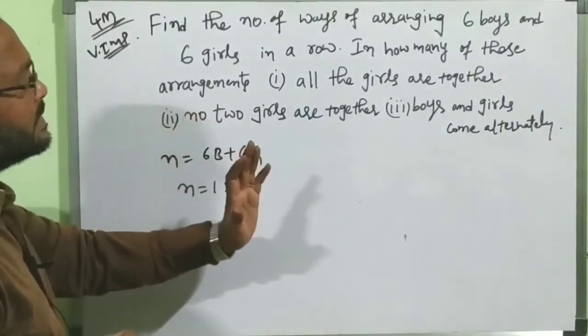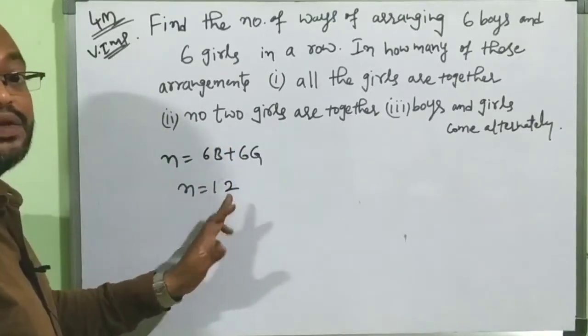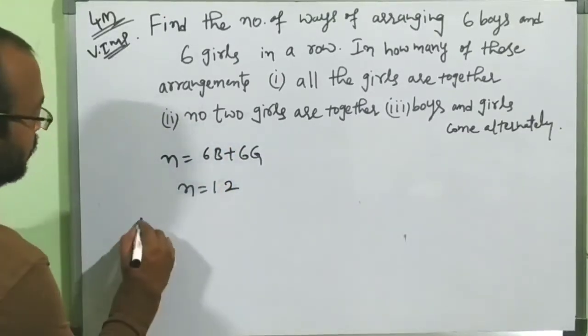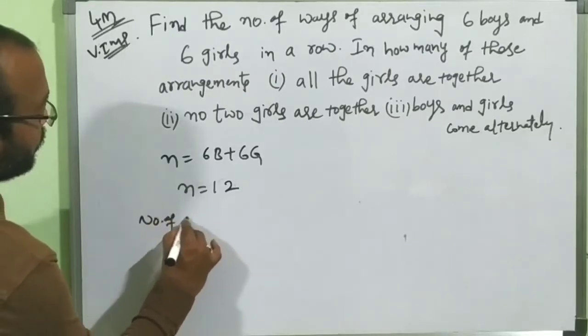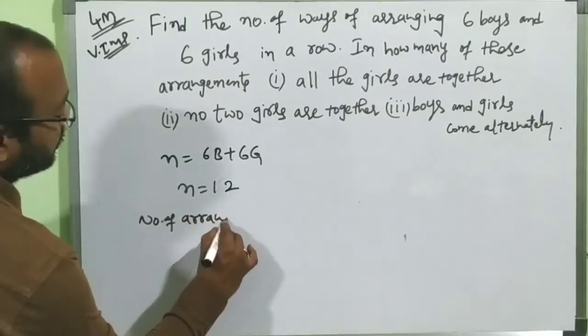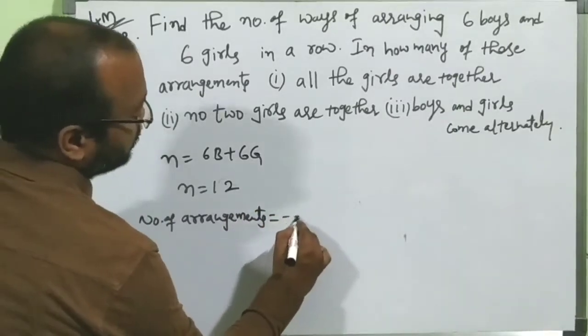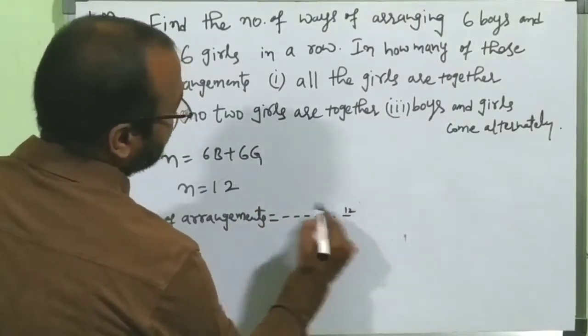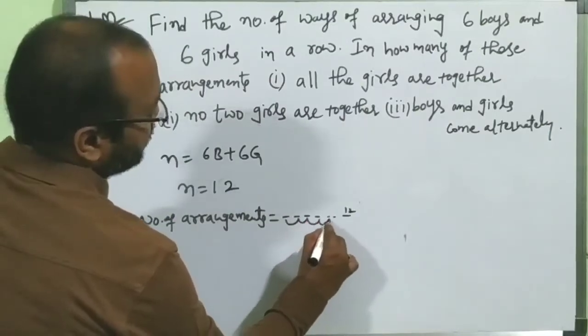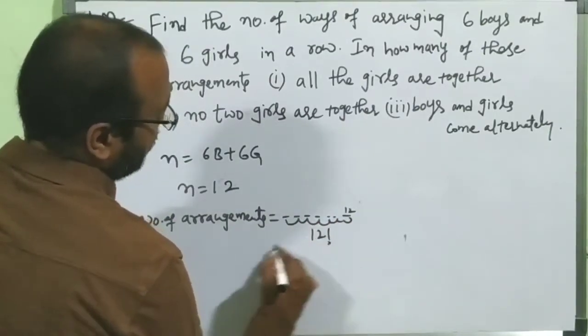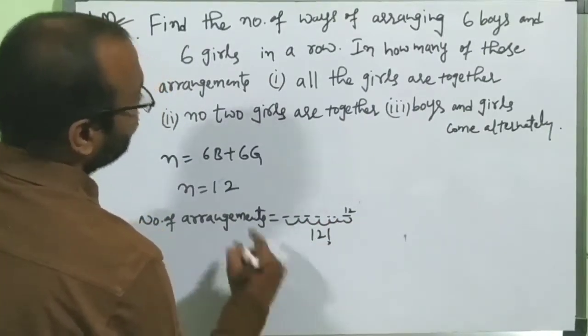There is no condition, so we can arrange these 12 persons in 12 factorial ways. So the number of arrangements is equal to, 1, 2, 3, and so on up to 12 places are there. 12 elements, we can arrange them in 12 factorial ways. This is the answer for the first question.